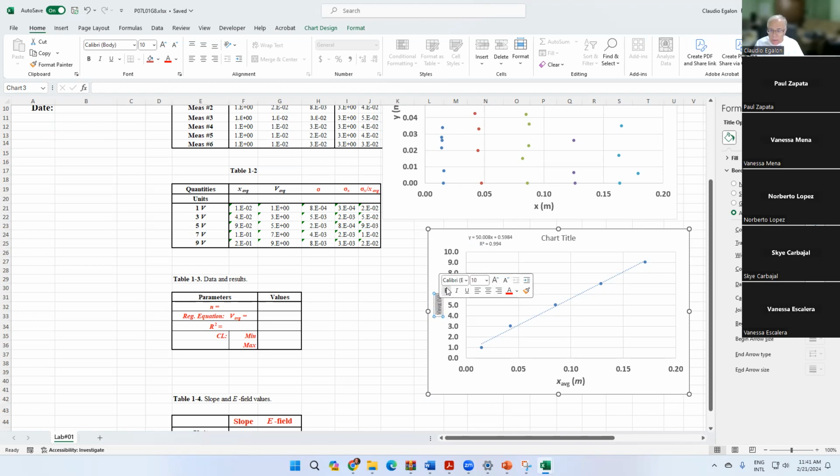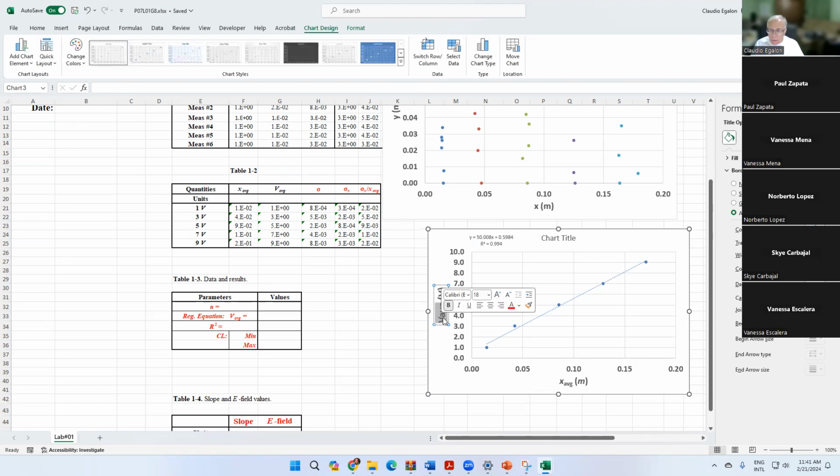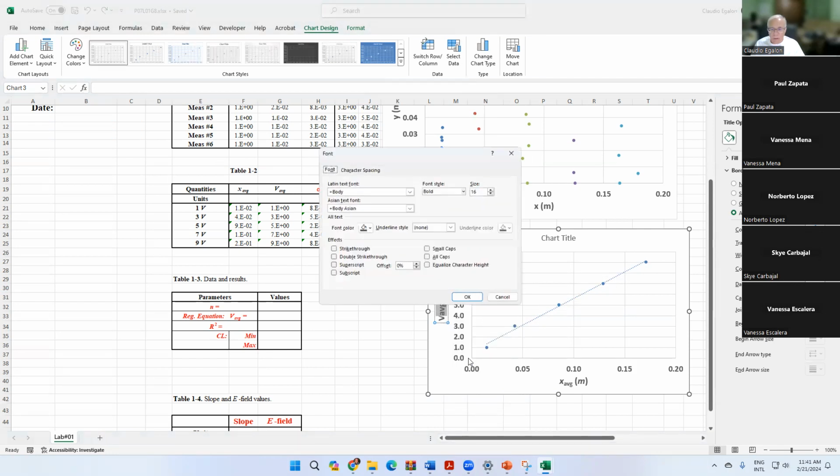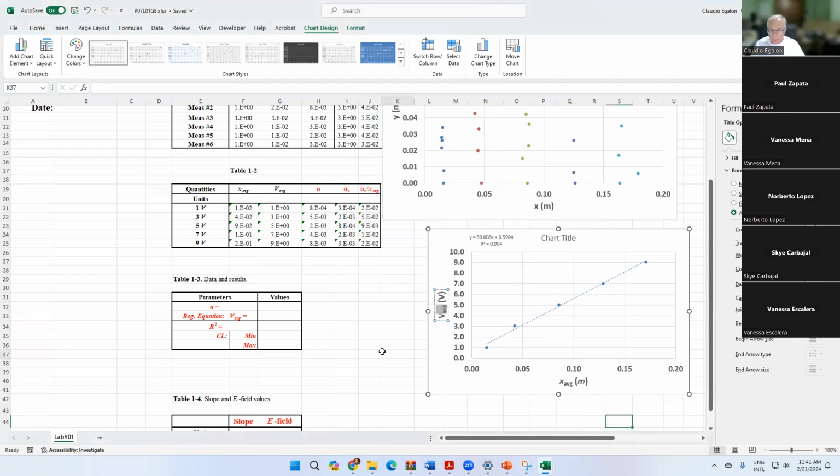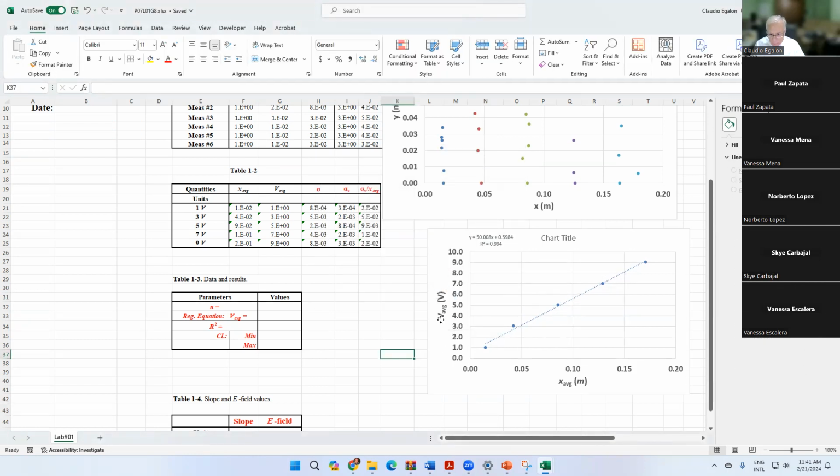And then you increase the font size and boldface it. The 16 or 18? 16, right? 16. And the AVG, font, subscript, make it look nice.